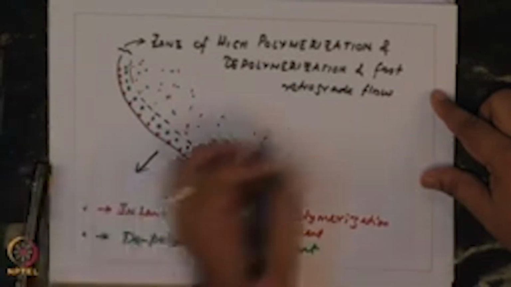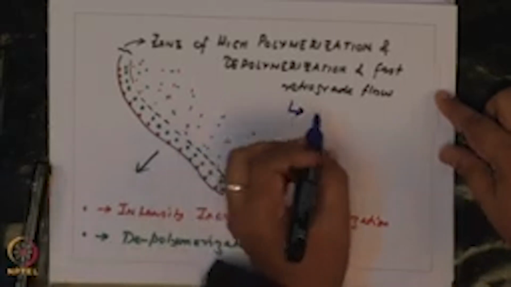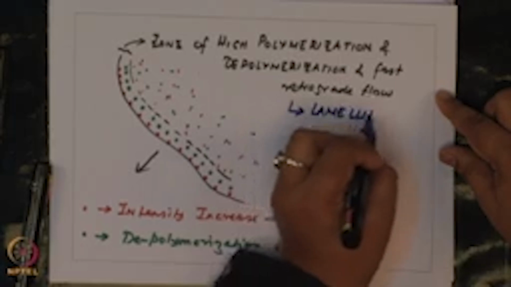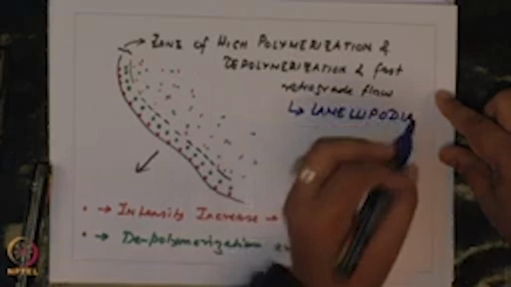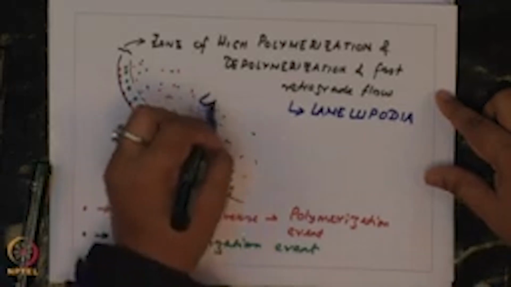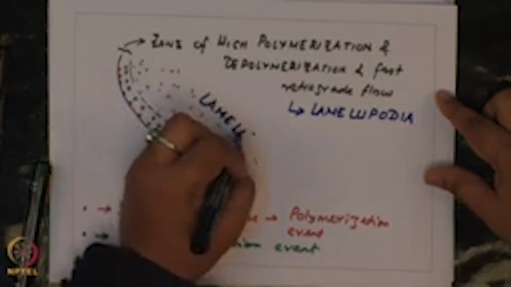This is the zone which they refer to as lamellipodia. And this internal zone is called the lamella.